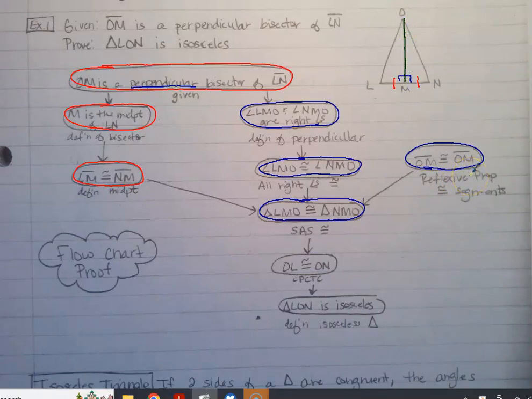So we have a side, an angle, and a side that are all congruent. Here was the angle that was congruent, and here's the other side. So now all three of these pieces come together to say that the triangles are congruent because of side, angle, side congruence.